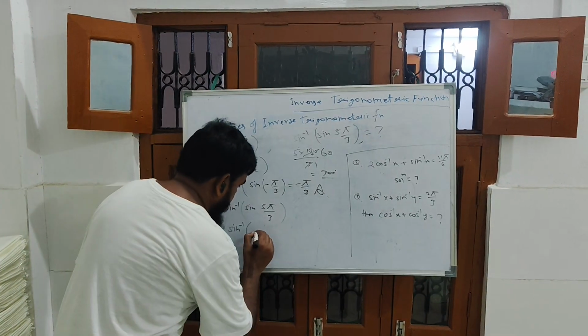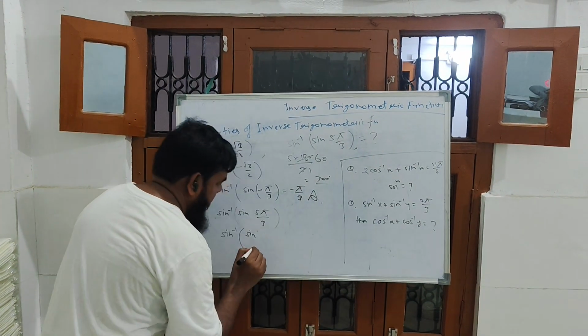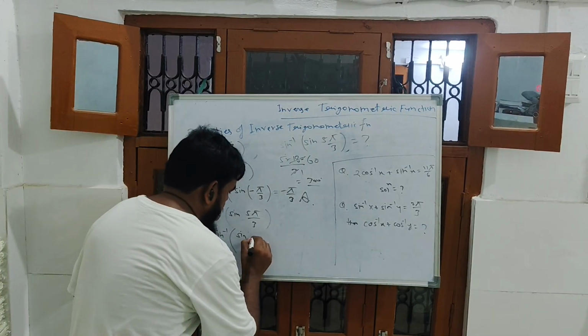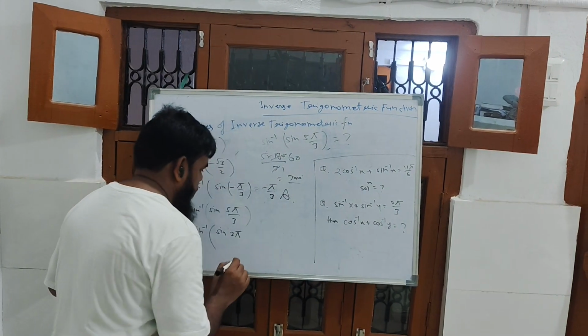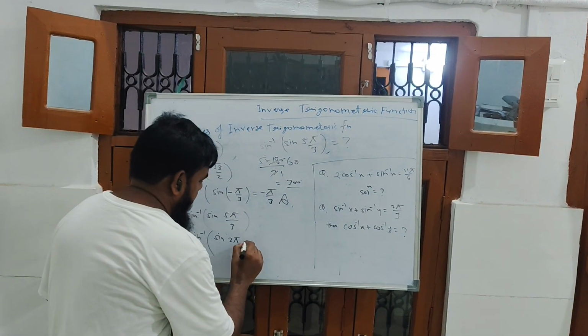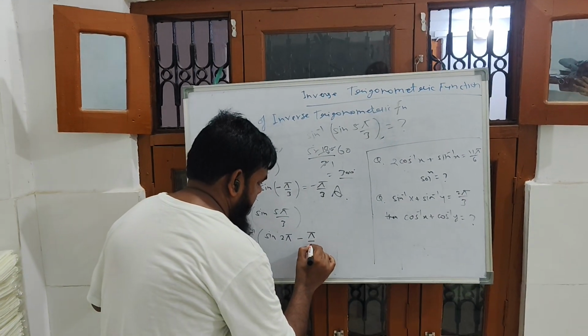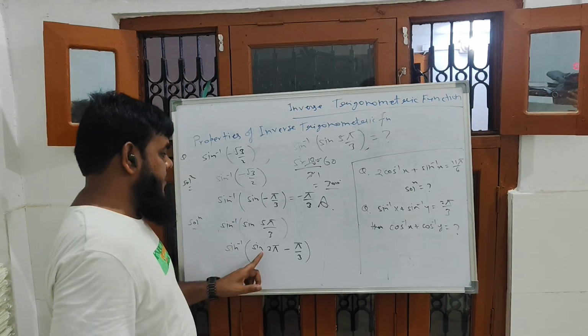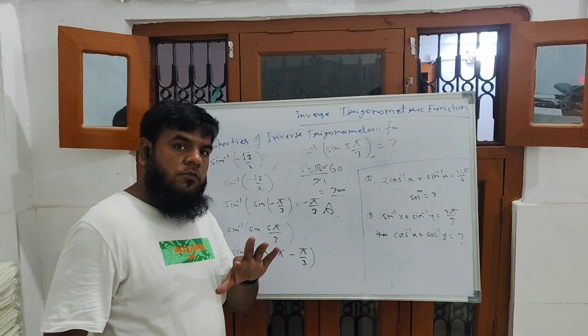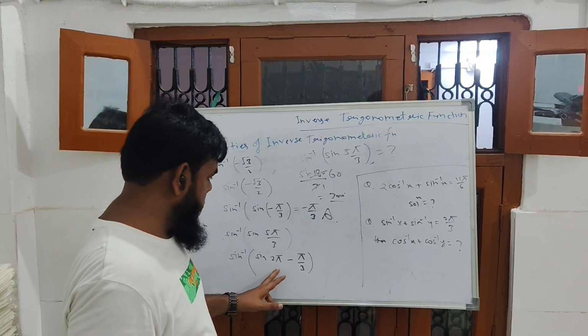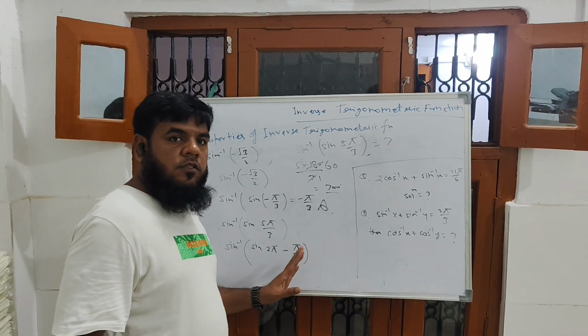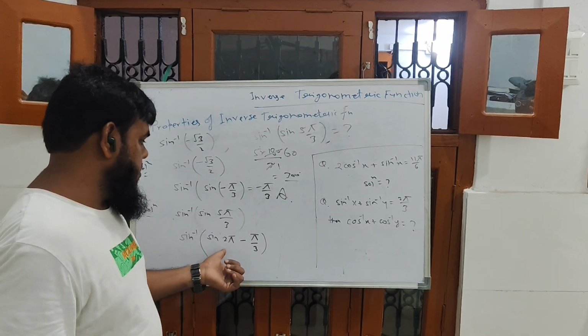So we can write sine of 2 pi minus pi upon 3. In the fourth quadrant also, sine is negative.